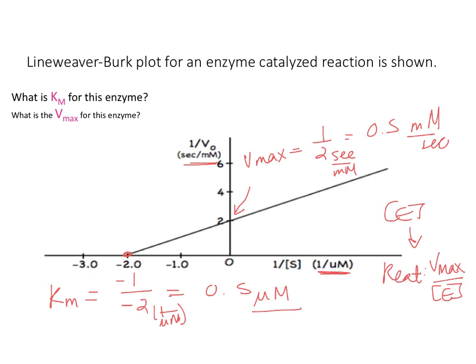So the Lineweaver-Burk plot is really just a very simple way of looking at the Michaelis-Menten data. And it's not used in papers too often to report just the effective substrate concentration, because what happens in the Lineweaver-Burk is that the points that are used to make the line are not weighted equally.